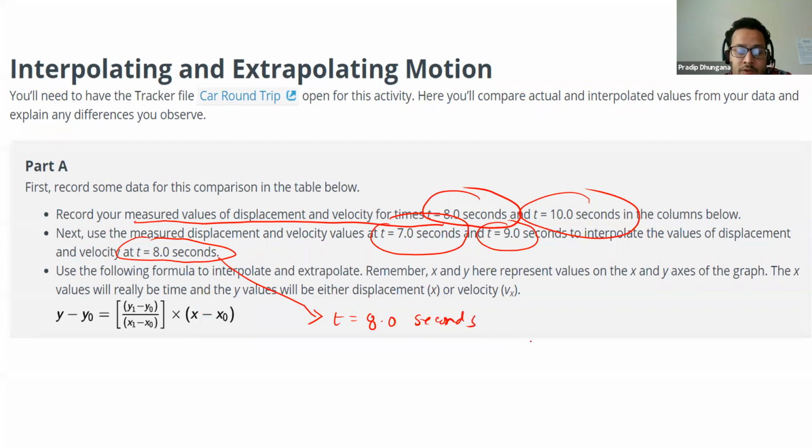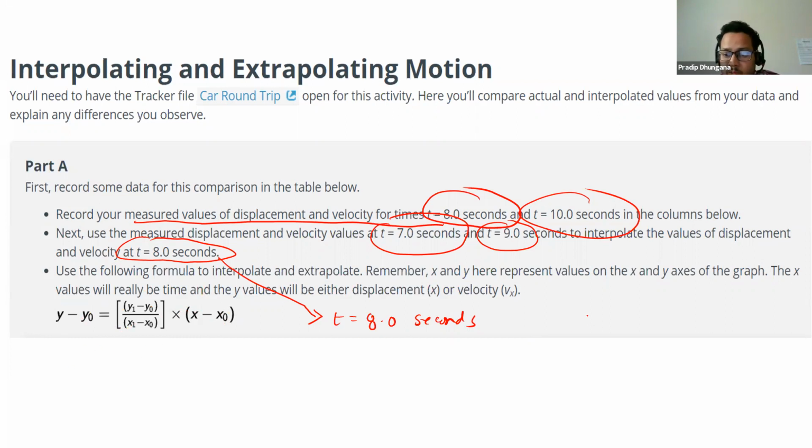you will have two values. One is from your table, another one is using interpolation. For that, you have to modify this equation. This one is your point-slope form equation, or think of it like a linear equation. You have to modify this linear equation.